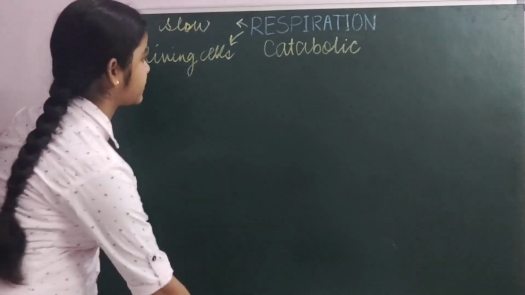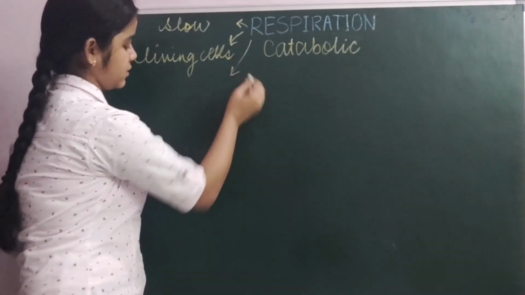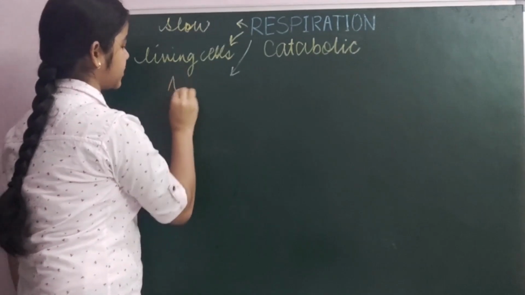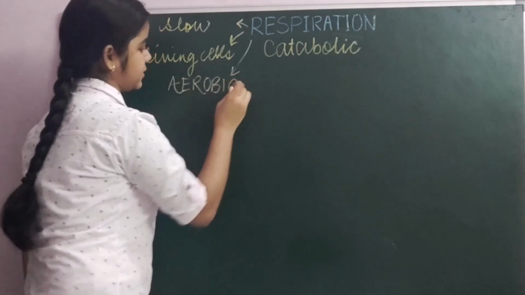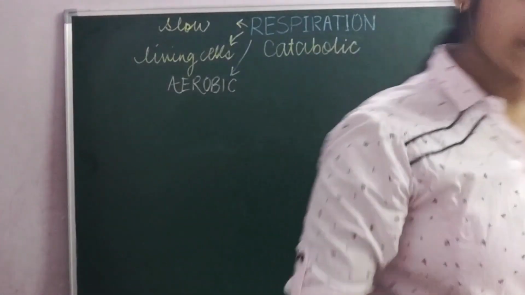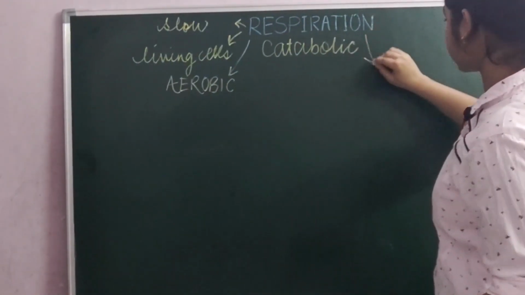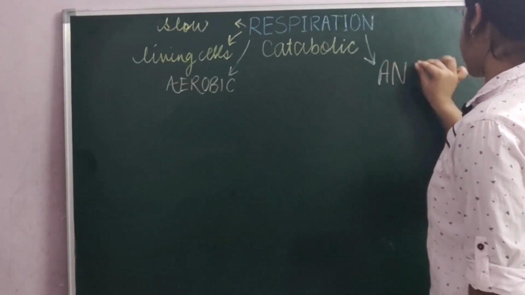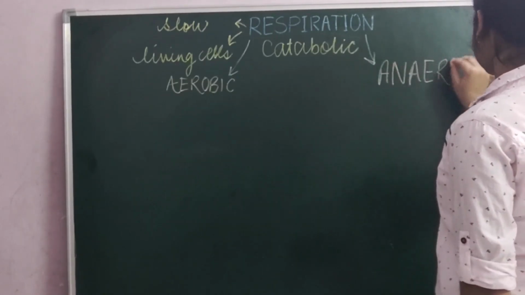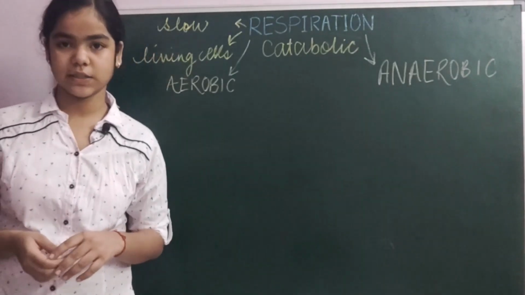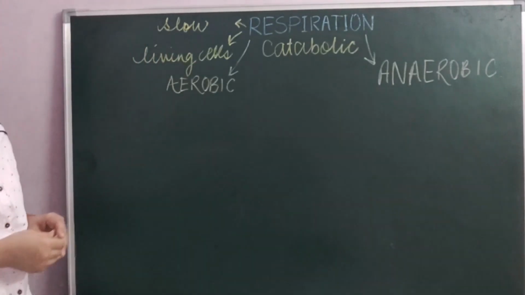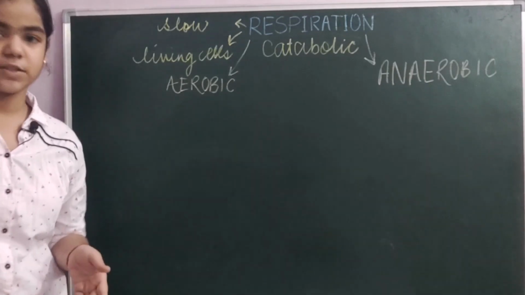It can be further classified into two parts. First one is aerobic respiration and the next one is anaerobic. Now let me tell you one thing. There are some bacteria which, when they come in contact with oxygen, die immediately.